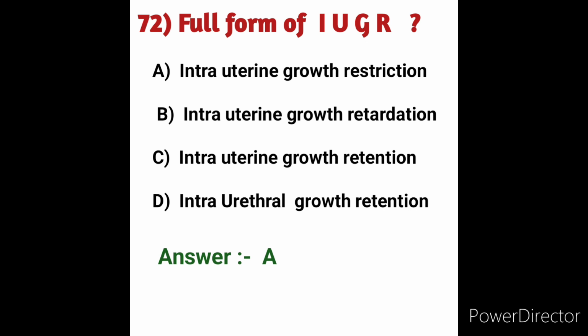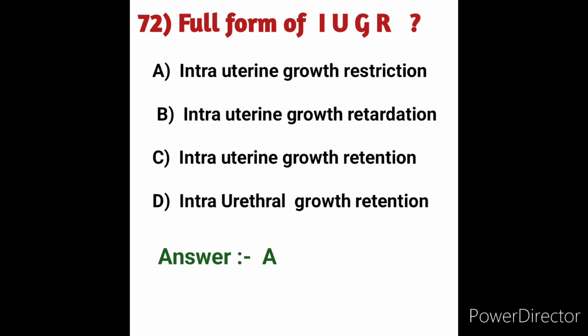Option A is the correct answer, intrauterine growth restriction, due to low oxygen levels in the womb and also high distress during labor and delivery. Infections are also one of the causes. These are some of the causes of IUGR. Means option A is the correct answer, intrauterine growth restriction, also called fetal growth restriction.